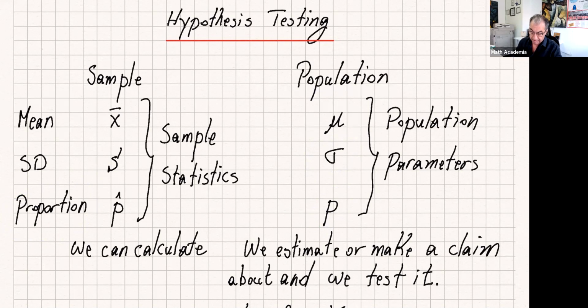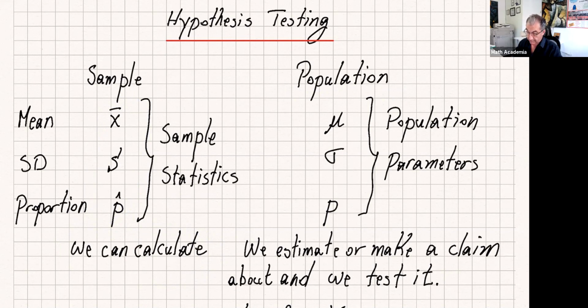Now, sample is pretty straightforward. If you have a sample, you can calculate those sample statistics. Population is not very obvious. Sometimes you deal with millions of people, or thousands of people. So calculating it is not very easy and it's costly.